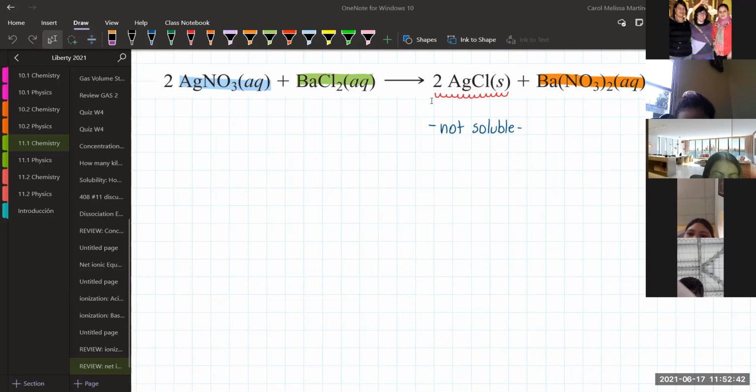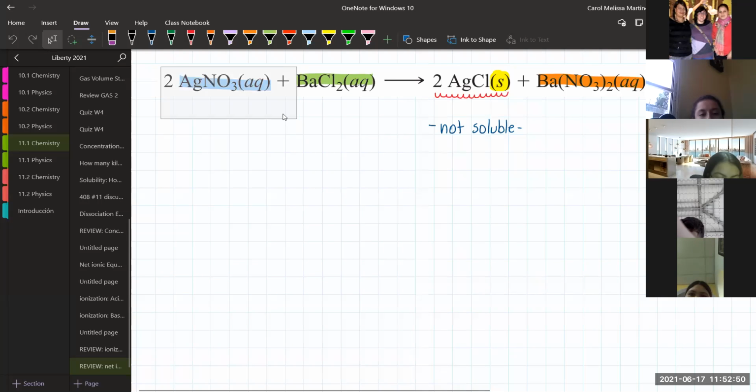When in a solution you combine substances, those substances that are dissolved in water are known as aqueous solution substances. When you combine these two substances, this is what we know as a double replacement reaction.